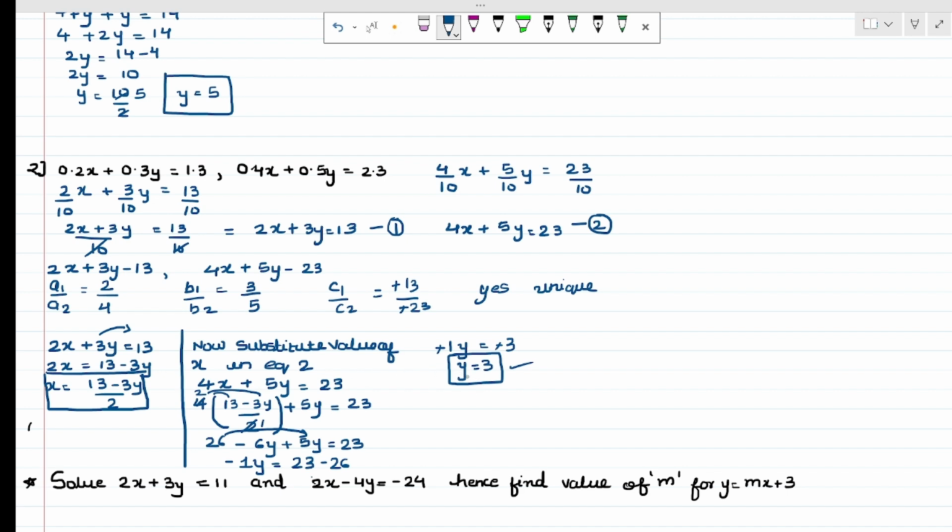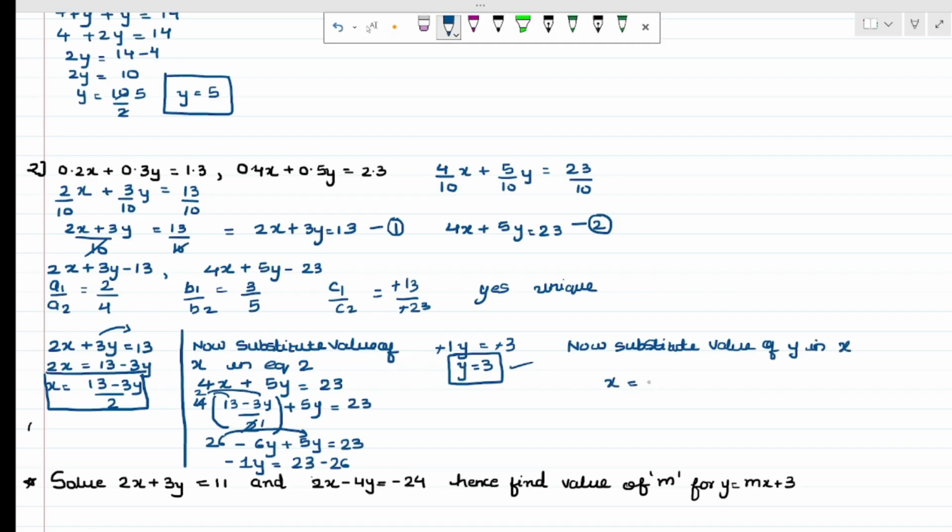So, it is simple to substitute y directly in the value of x which you have made earlier, rather than substituting it into 1 and 2. Okay, so write down now, substitute the value of y in x.